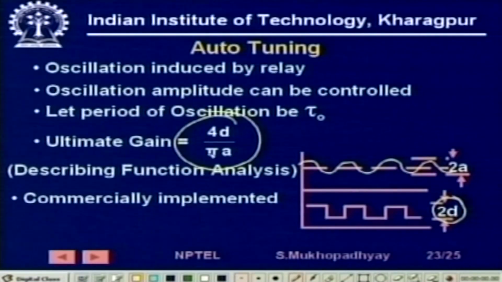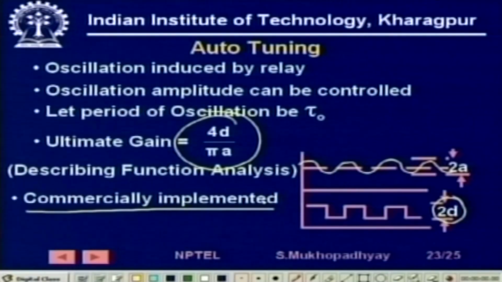So you are still finding that same gain, K_u, but now using an experimental procedure which lets you set up an oscillation at one shot with a controllable amplitude. That is the big advantage, and then you can easily apply those formulae and get the gain.